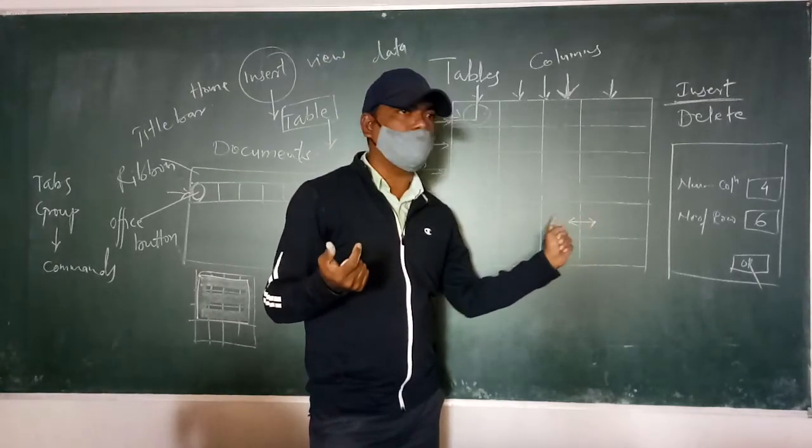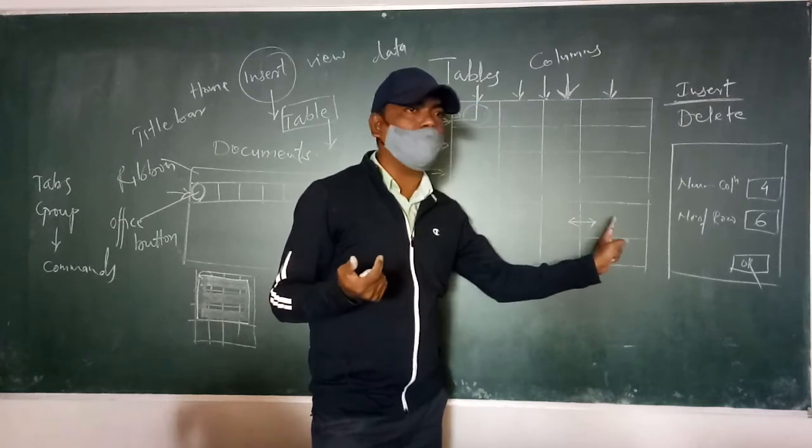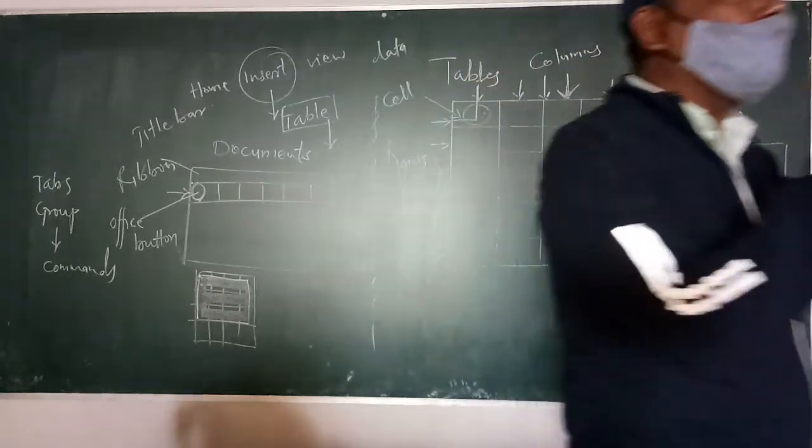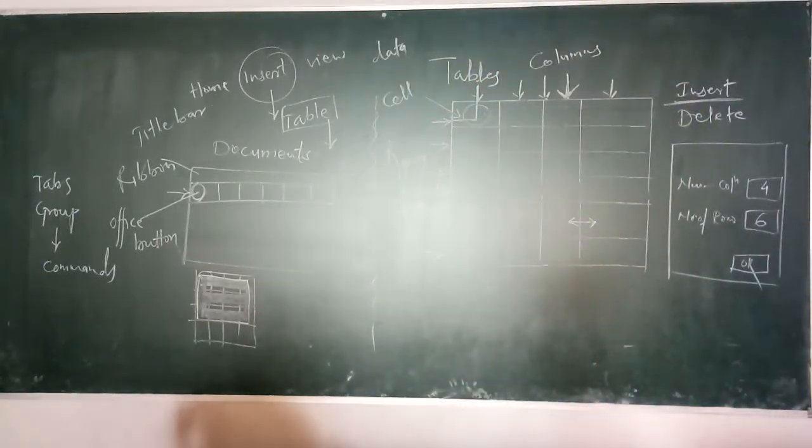Now these are two cells. You want to combine them, that is called merging two cells to create a single cell. Merging 3 cells to create a single cell.